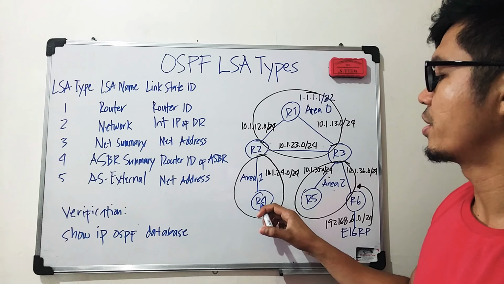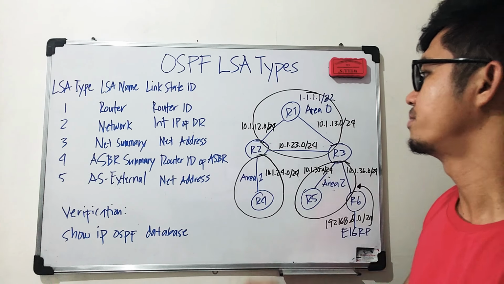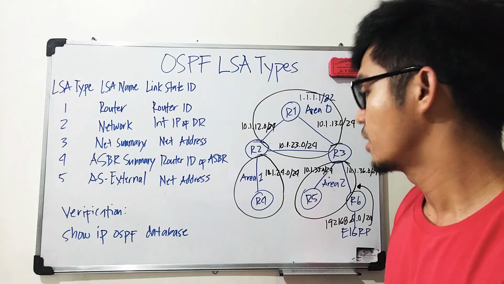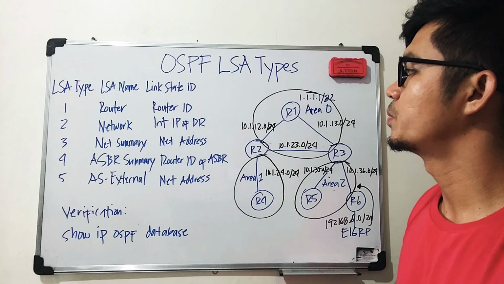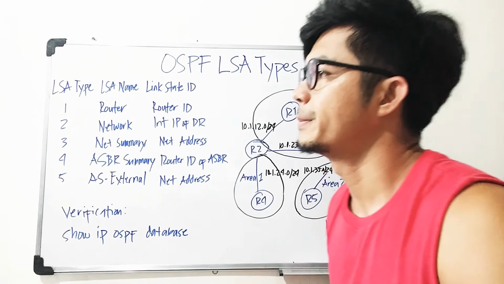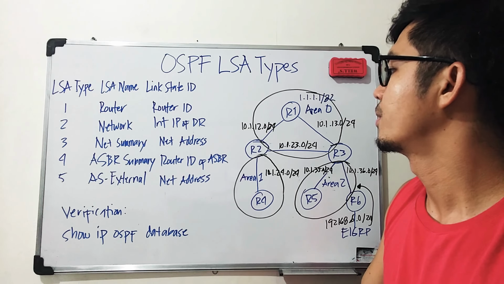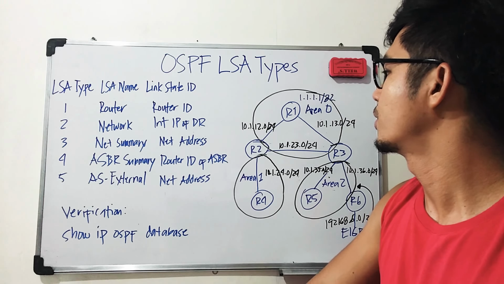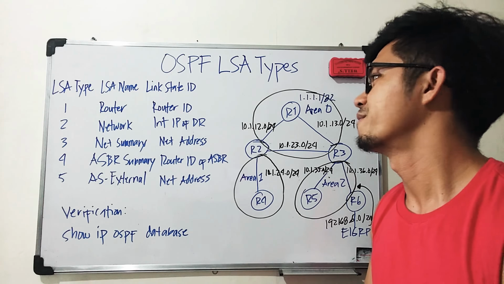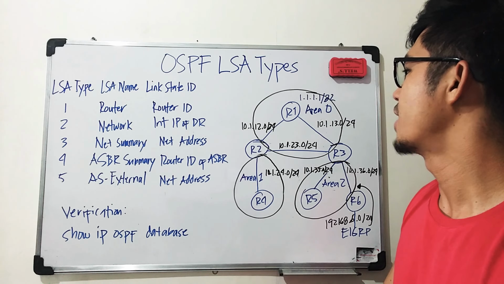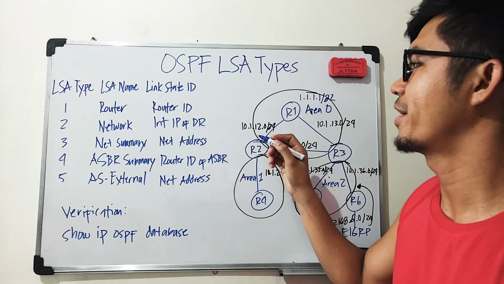For example, R4 will not see the router LSAs inside area 0. So you can actually say that what happens in Vegas stays in Vegas, in the case of router LSAs.